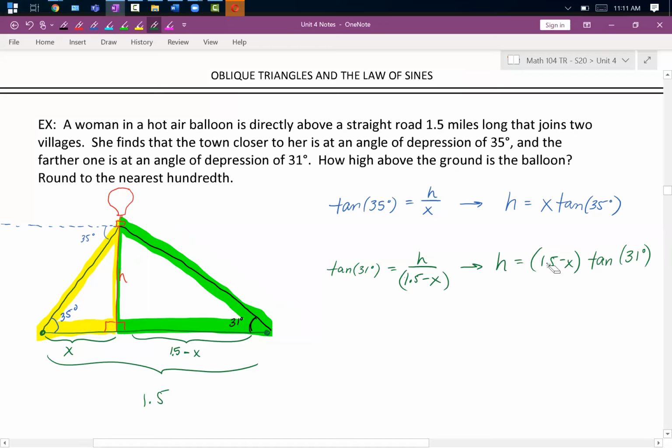Any questions on anything I've done so far? Is this kind of circling back because this seems familiar, as in first week, couple weeks? Yeah, we're just using SOHCAHTOA here, which is what we were doing at the beginning. The reason it falls into this section is because if you look at the big triangle, this is an oblique triangle.